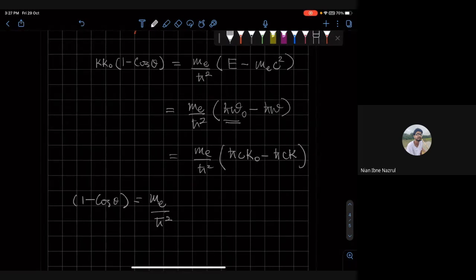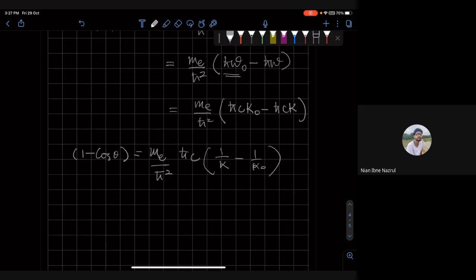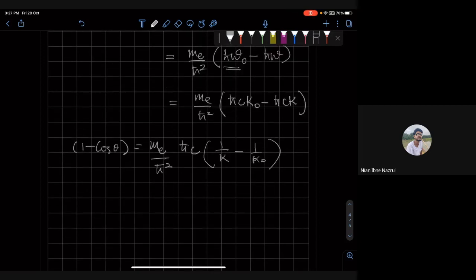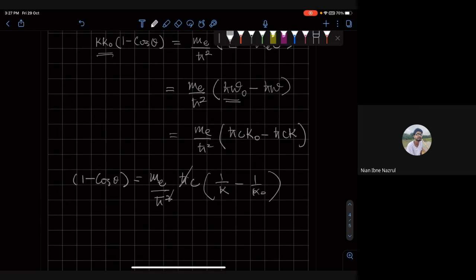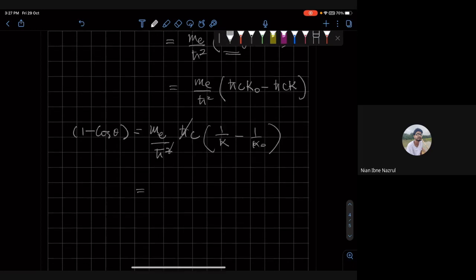And we can factor out the h bar c, and inside it'll be 1 over k minus 1 over k naught. Okay, we have divided k by k naught on both sides. So, of course, then one of these factors will cancel out, and then, sorry, this is, yeah.